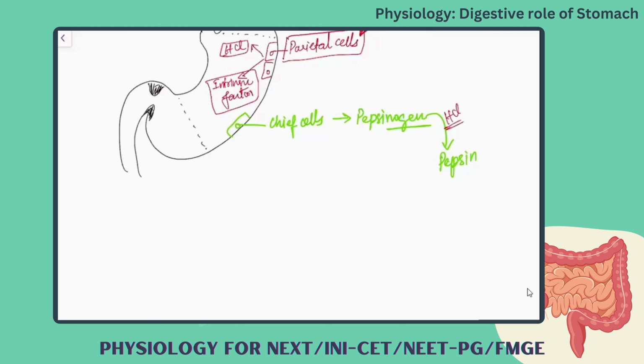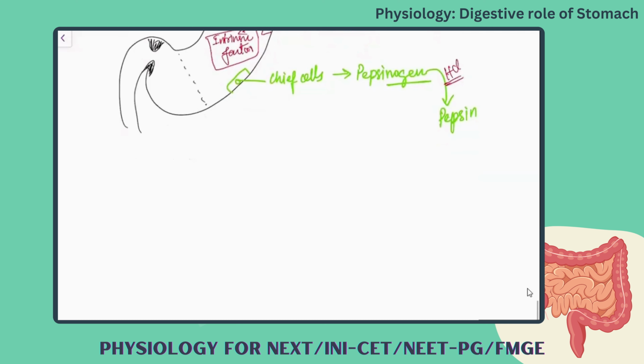If you are taking highly proteinaceous food, you will get enormous conversion of pepsinogen into pepsin. Otherwise, only to the required amount. Even though HCl is present, only if the protein stimulus reaches the gastric region will the conversion take place. So this is the second thing. You are not going to see all the cells accumulated in the stomach, only the important cells.